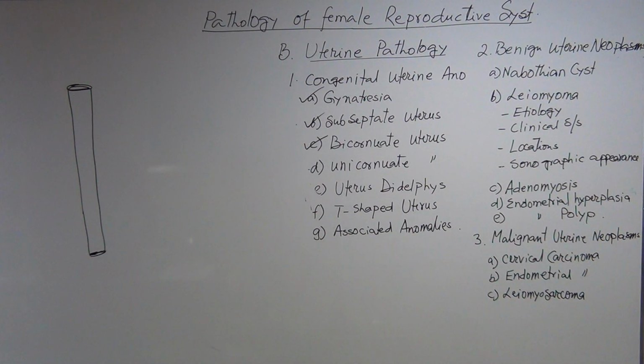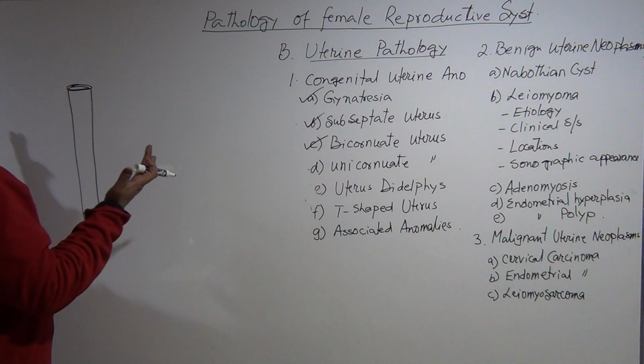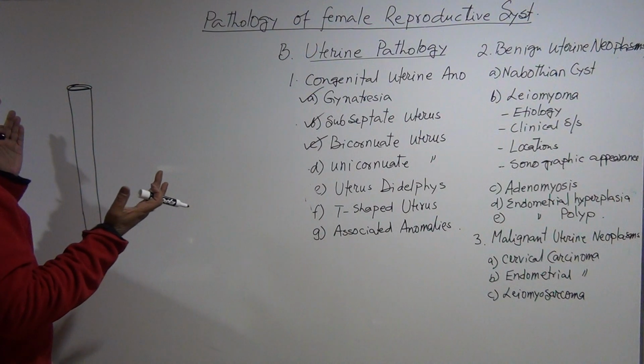If there is only one Mullerian duct, then what's going to happen?